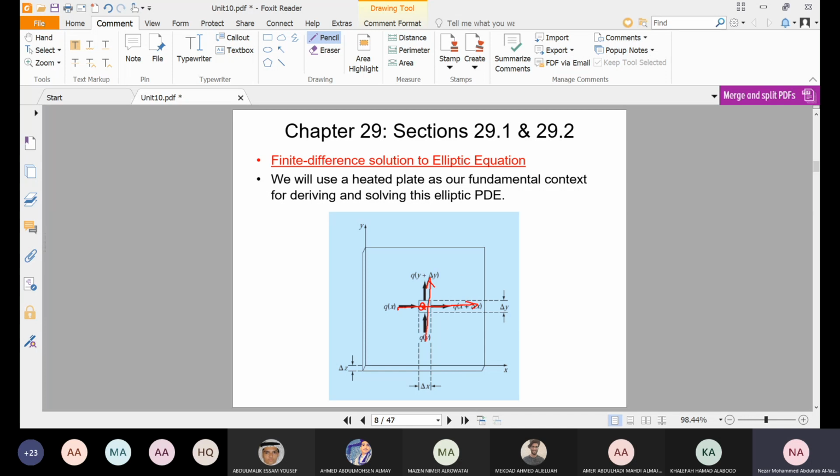So if we know the value at this point, and we know the point at, for example, i plus 1, so in this case we have here, for example, this is at j, and here at j plus 1. So in this case, we can use finite difference, either central finite difference, forward finite difference, or backward finite difference, to represent the heat transfer equation at this node.